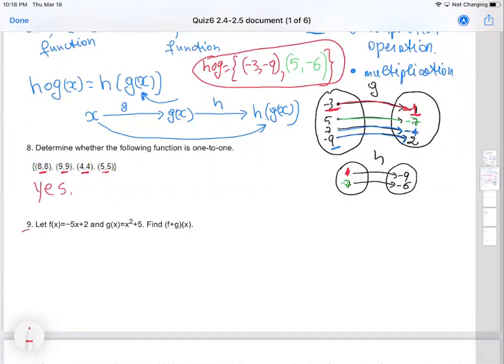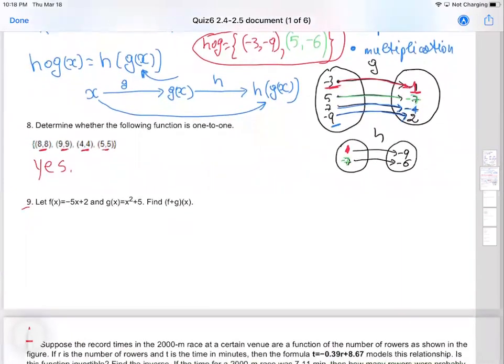Number 9, let f of x be equal to -5x plus 2 and g of x, x squared plus 5. We want to find f plus g of x. Okay, so f plus g of x equals f of x plus g of x.